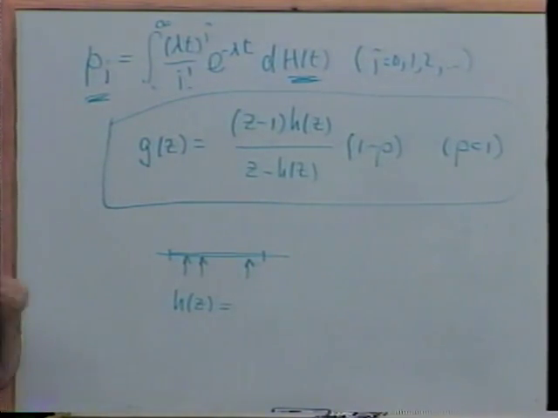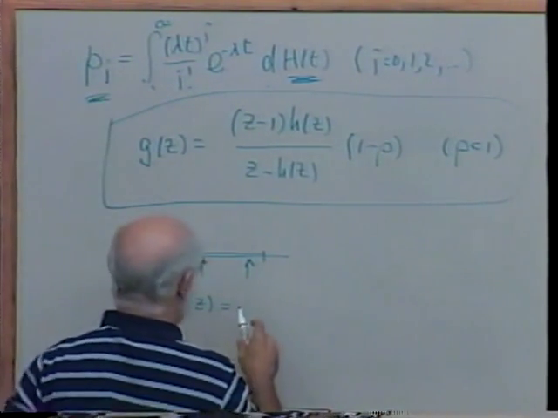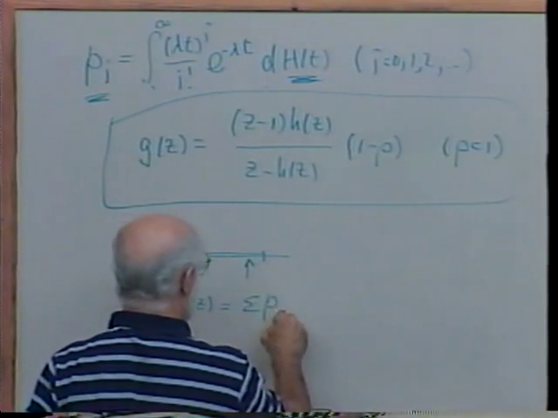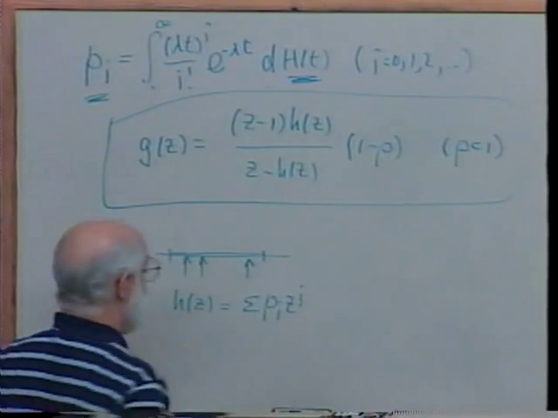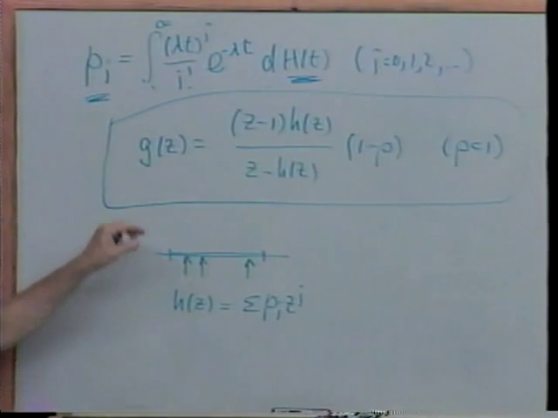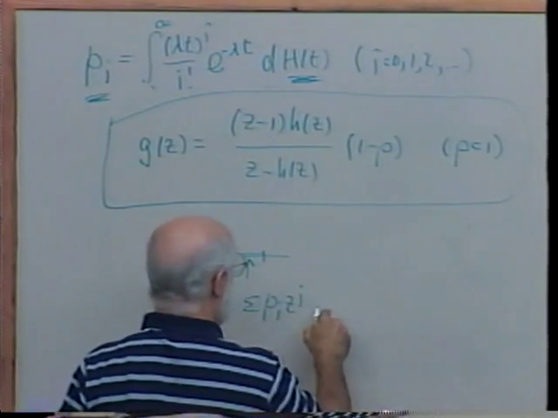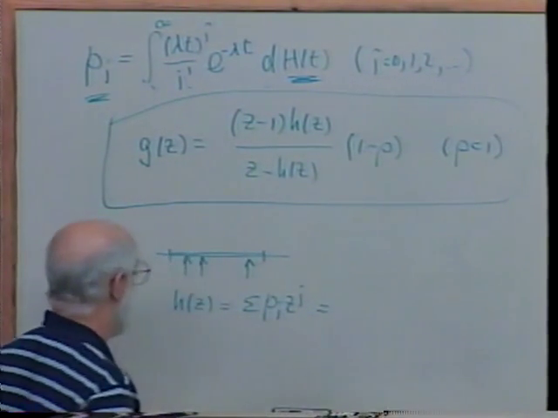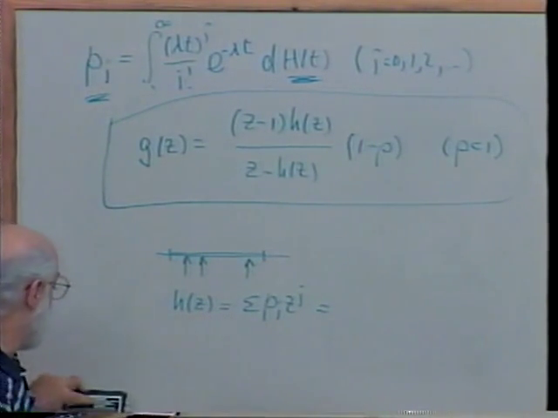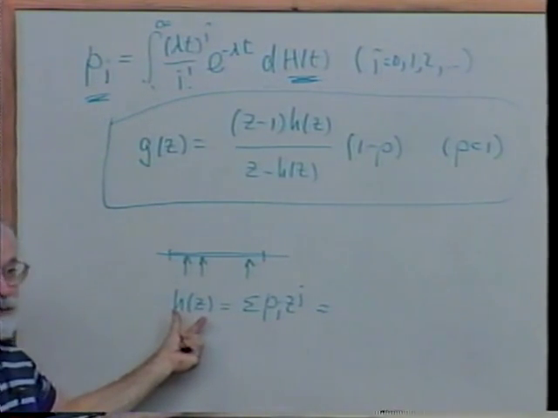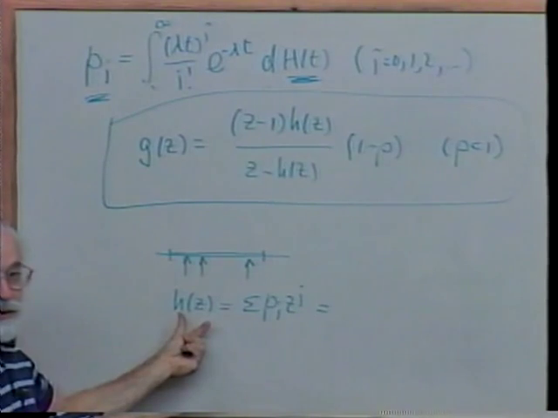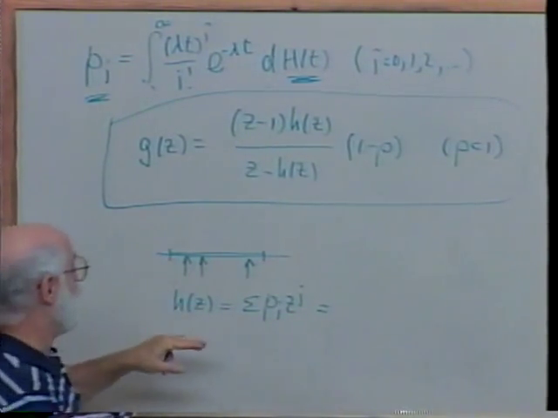Let me do it. I'm going to calculate h of z. It's a summation of pj z to the j. I'm going to do it because we're going to use this result again. This turns out to be a very important result because it allows us to go back and forth between the generating functions of discrete variables and the Laplace-Stieltjes transforms of continuous variables.